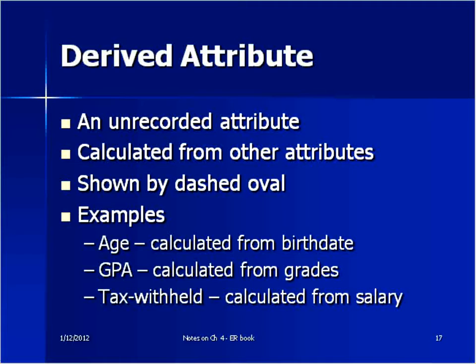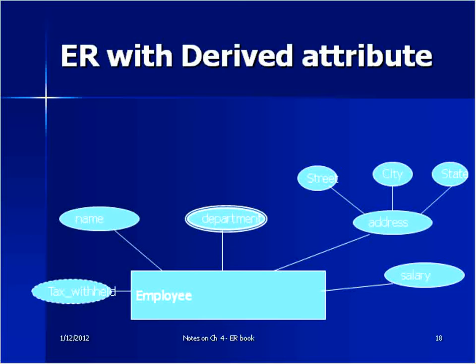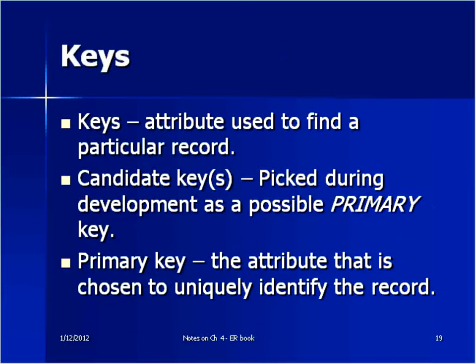So a GPA field or an age field could be considered a derived attribute. A derived attribute is an attribute that is not recorded physically, but is calculated on the fly. And how do we show derived attributes? With dashed ovals. If you look at the next slide, you will find that tax withheld is a derived attribute. It's a dotted oval all the way around. So that's what we consider a derived attribute.